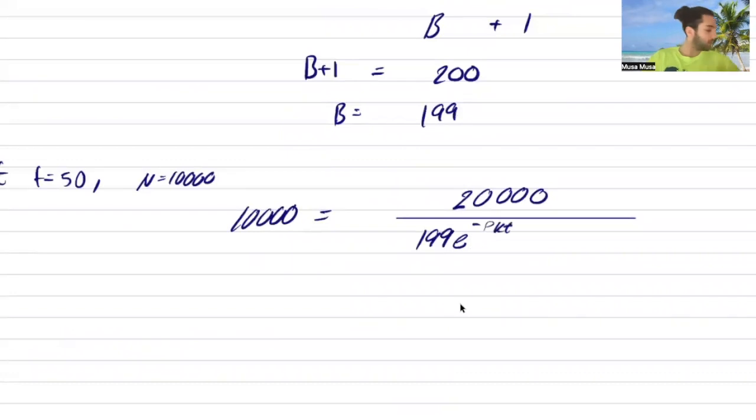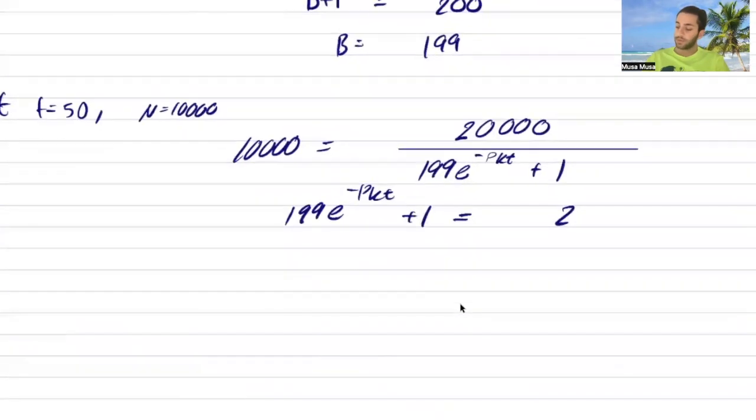I'm just going to leave this as that because I don't want to keep writing everything in at once. It's going to get way too ugly. Swapping the denominators, you get 199 e to the minus pkt equals 2. And then moving that over, we get 1.